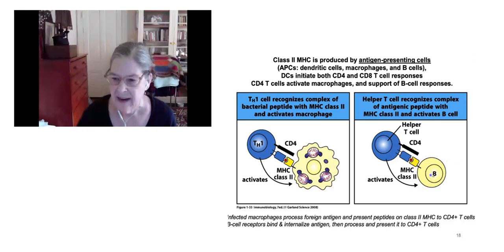It will take antigen into its body, process it, and take those little peptides, and some peptides will be able to bind to class 2 MHC. That gets displayed on the surface, which allows the T cell to recognize it and then activate the B cell. So it's actually the helper T cell and the B cell together that cause the B cell to have a good, strong antibody response plus memory B cell formation.